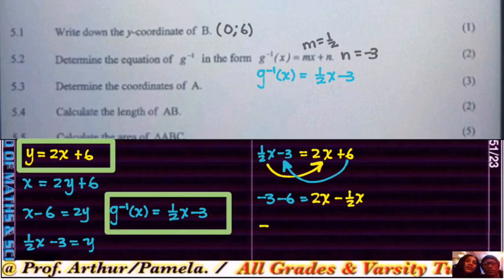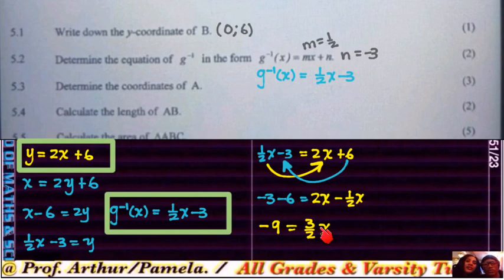Yeah, minus 9 equals, I should have said if you substitute in place of x. I didn't say it right last time. And then here 2 minus half, you're left with 1.5, which is 3 over 2, x, okay, or 1.5.